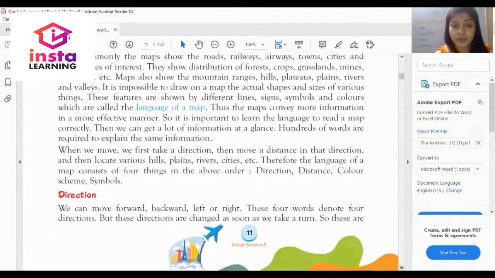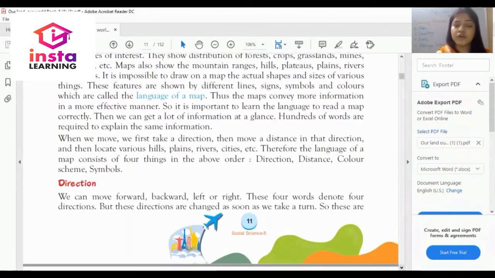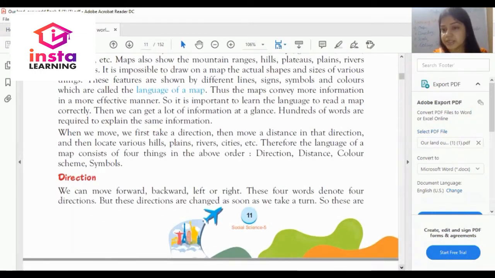So when we move, we first take a direction, then move a distance in that direction, and then locate various hills, plains, rivers and cities. Therefore the language of a map consists of 4 things. This is very important, which you should know.